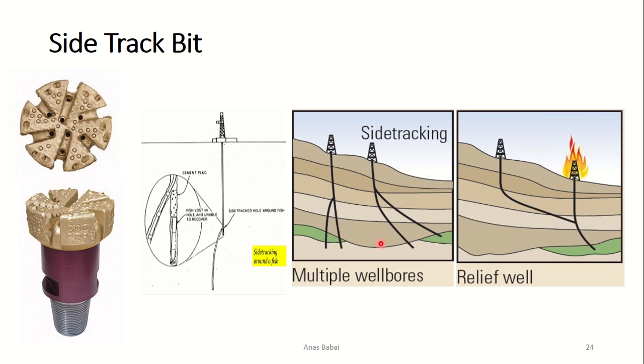If we have different or small separated hydrocarbon accumulations, we can produce from those multiple accumulations through one wellbore by sidetracking.